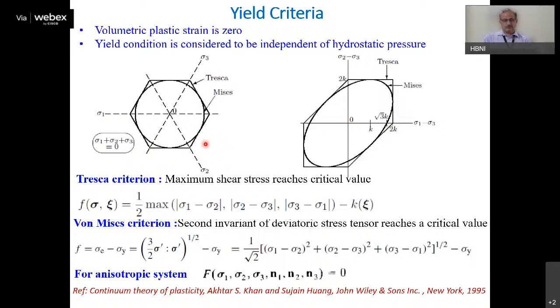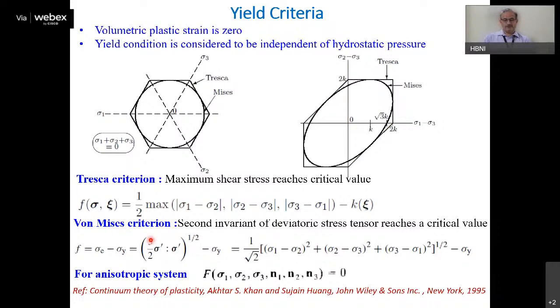Whereas there is another criterion, which is called the von Mises criterion. Both are generally very close and typically used by engineers. In this case, you define the yield condition when the second invariant of the deviatoric stress tensor, the J1, J2, J3 invariants that we discussed, the second invariant, which is related to the shear stresses, so some function of these shear stresses, basically the root mean square of them, reaches some critical value.